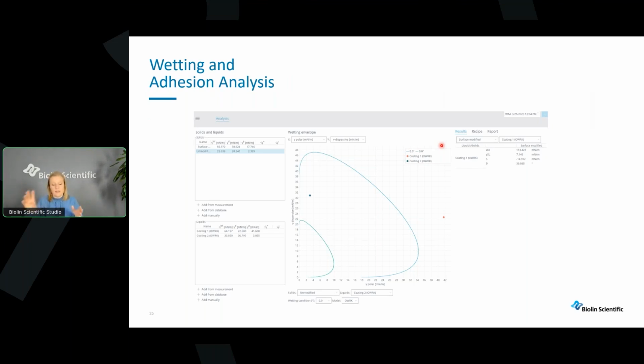Based on the polar and dispersive interactions, we can check which of the coating formulations would completely wet your solid, based on theoretical calculations, rather than doing multiple contact angle measurements for each solid-liquid pair.